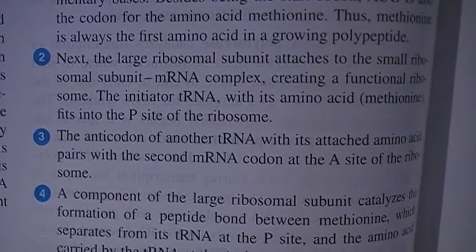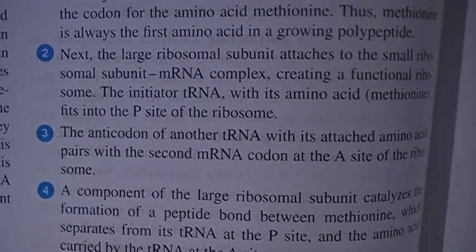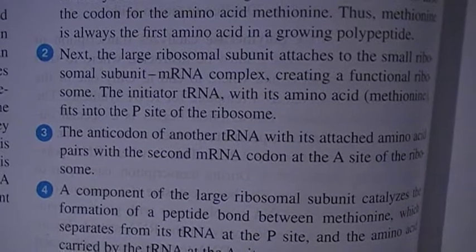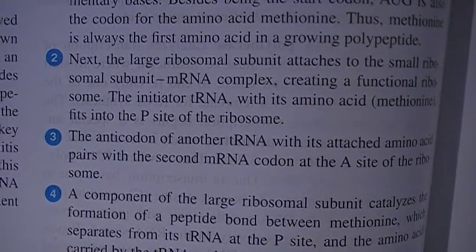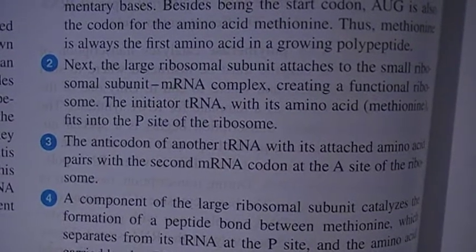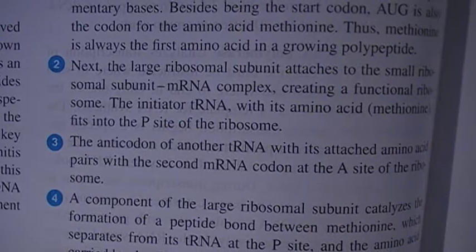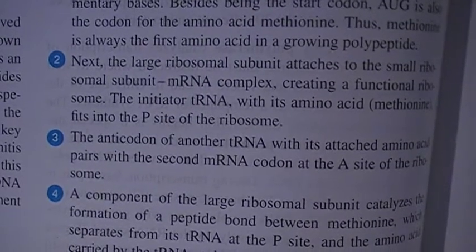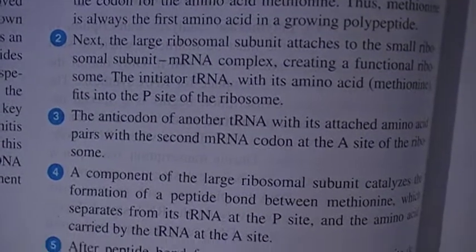The initiator tRNA fits into the P site of the ribosome. So the small ribosomal subunit and mRNA complex, and this creates a functional ribosome.